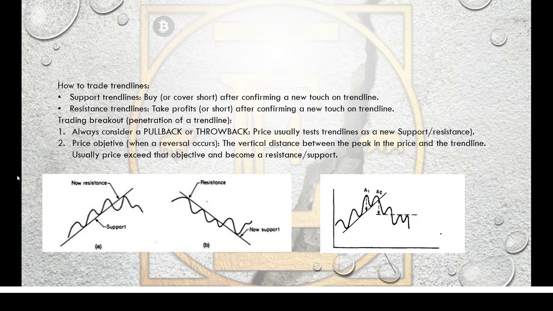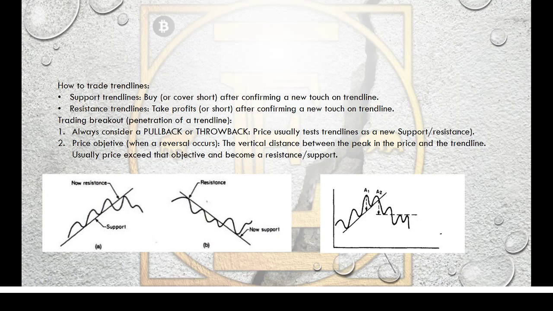And then how to trade the trend lines. This is so important, and it happens in the market a lot of times. For example, support trend lines: you buy or cover the short after confirming a new touch on the trend line.